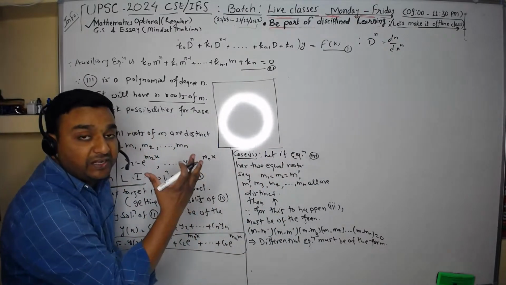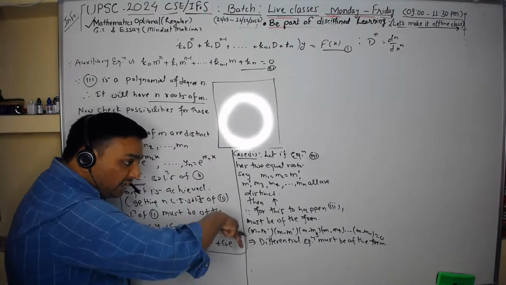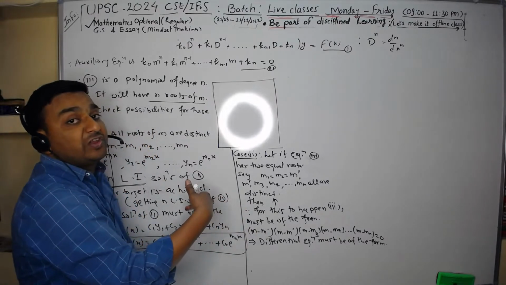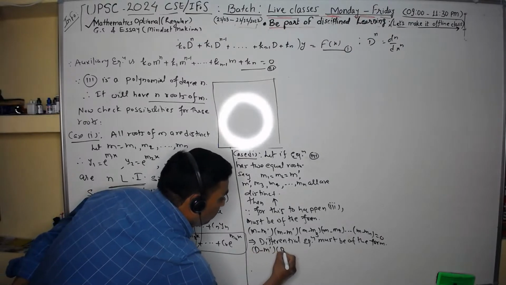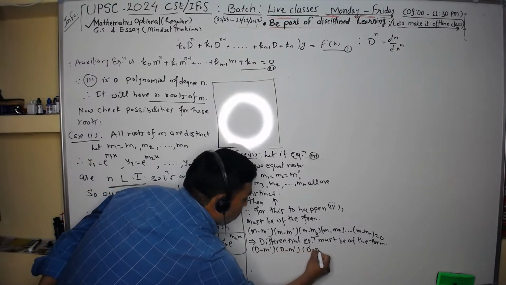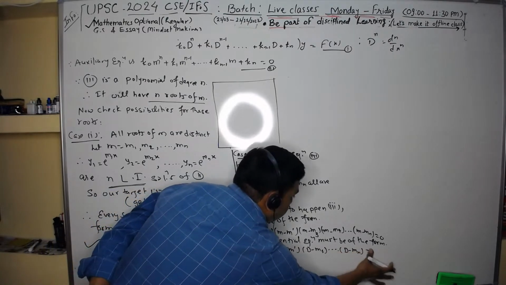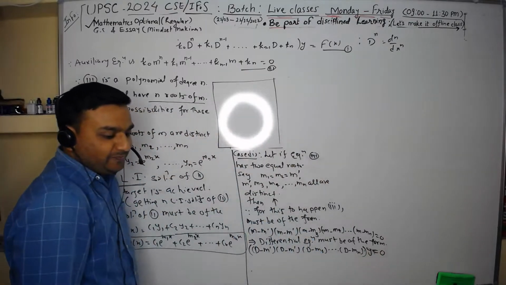By replacing capital D by small m. So if I say it the other way, the auxiliary equation is this, then what is the differential equation? The differential equation must be (D minus m dash) squared (D minus m3) ... (D minus mn) of y equals 0.